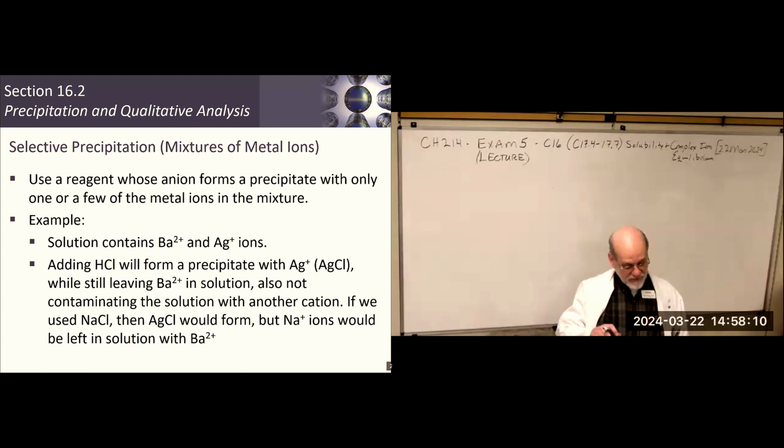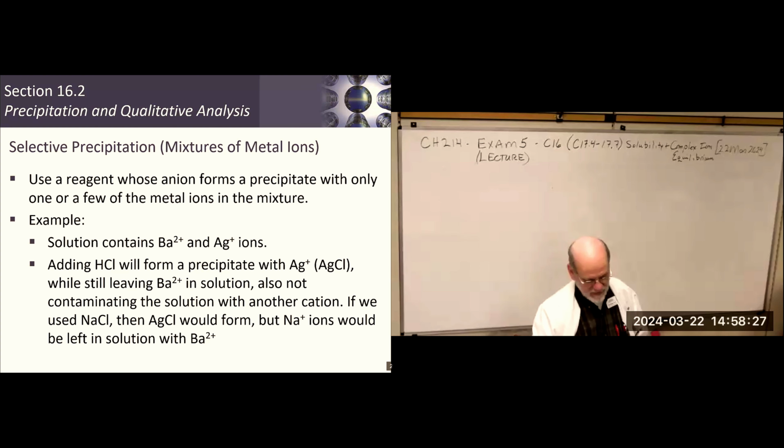Now, that gets chloride into solution. What if you use sodium chloride? Well, you could precipitate the silver chloride that way, but that would put barium out of reach because now you contaminated your solution with sodium ions. So hydrogen chloride is a better choice.